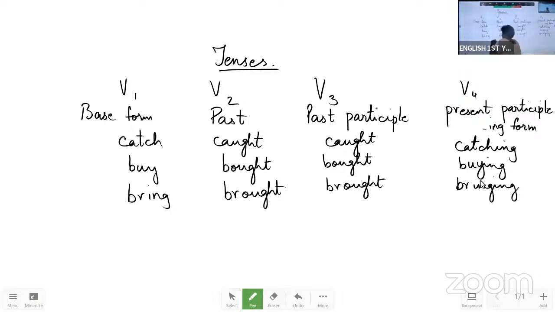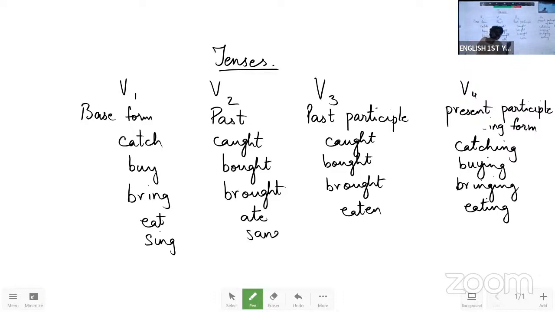Also, you have the irregular verbs like eat, ate, eaten, eating. Sing, sang, sung, singing.